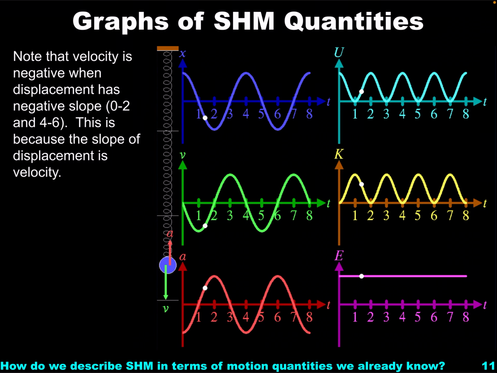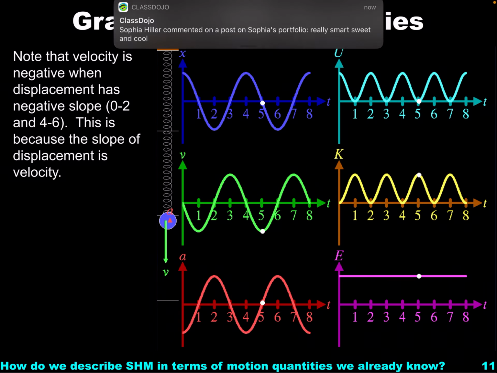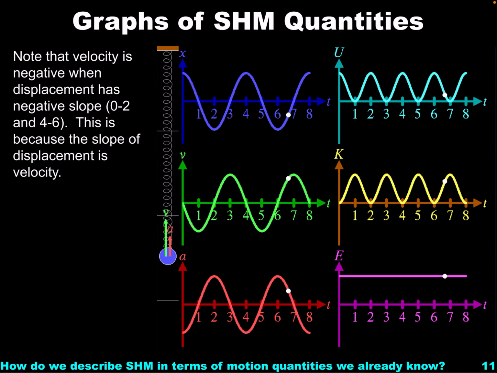Note that when velocity is negative, look at when velocity has a negative slope. This would be the negative slope of displacement. So if we look at the blue x graph from 0 to 2 seconds and from 4 to 6 seconds, you see those are negative slopes.